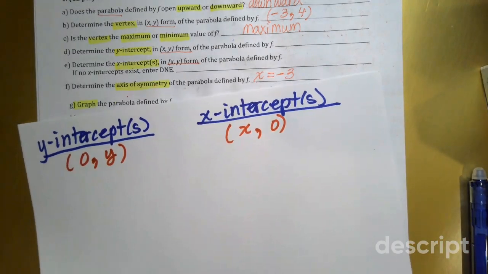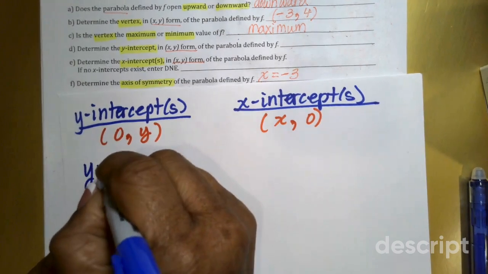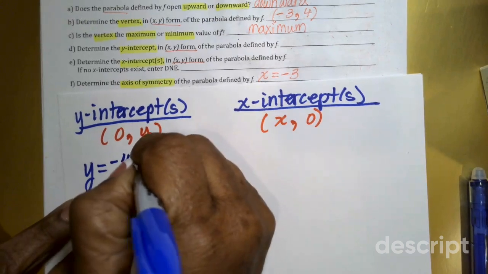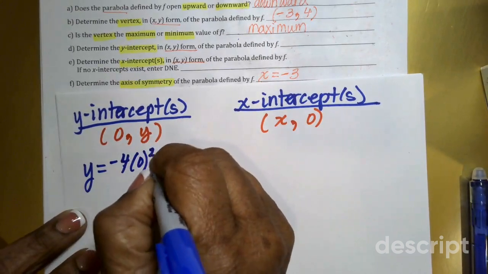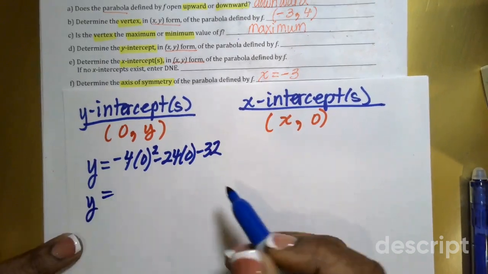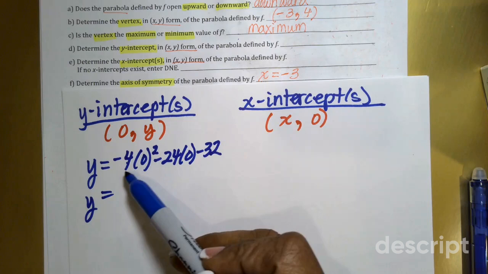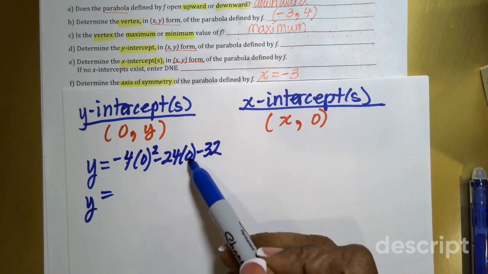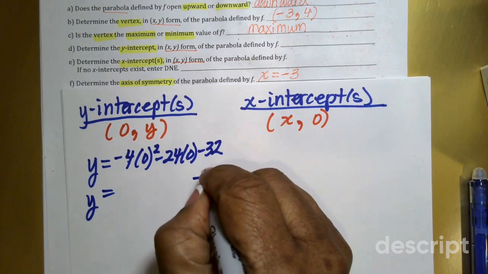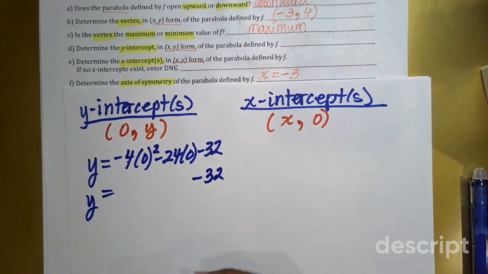So let's find it. So y equals -4 times 0 squared minus 24 times 0 minus 32. Here we'll get a 0. 0 times any quantity is 0. And again 0. So the first two terms 0 out, leaving a -32.